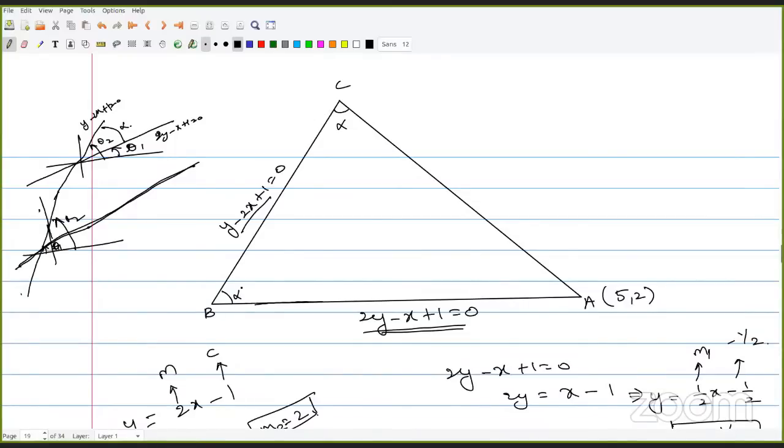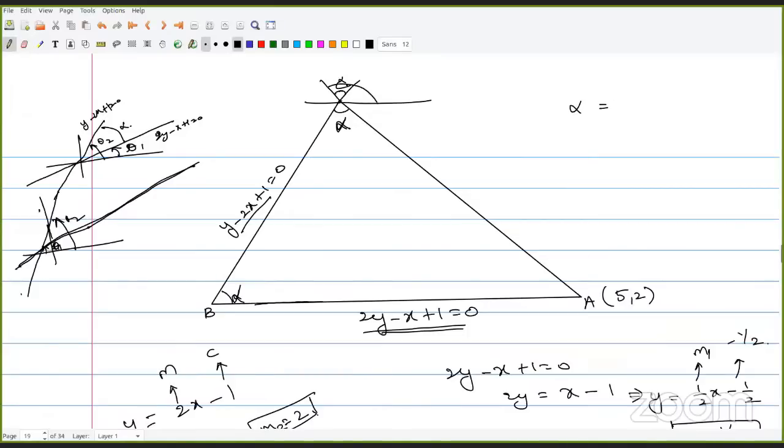See, we know alpha, right? We know tan alpha. So this is alpha, and it is nothing but this slope minus this slope. This is m3.